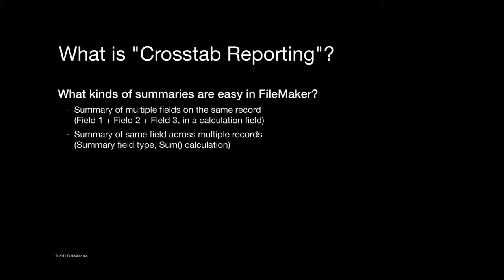So, what kind of summaries are easy on FileMaker? Maybe one is a summary of multiple fields on the same record, or a summary of the same field across multiple records. The first one summarizes the data horizontally, the second one vertically.